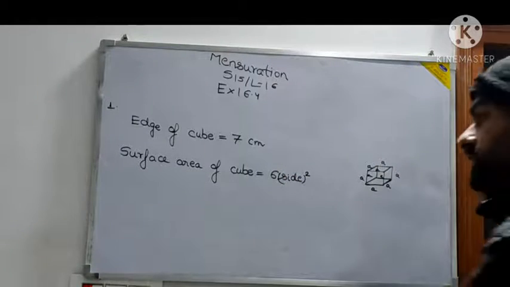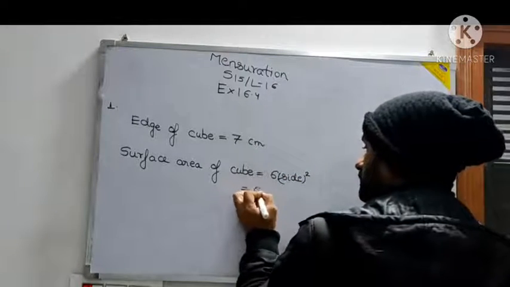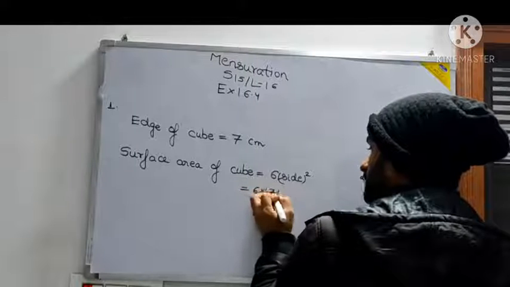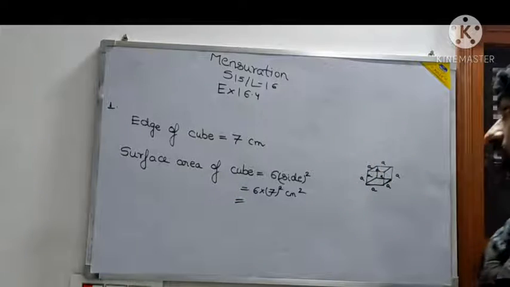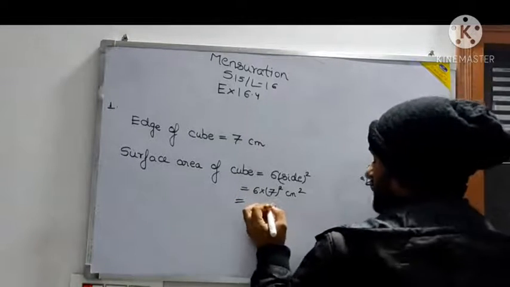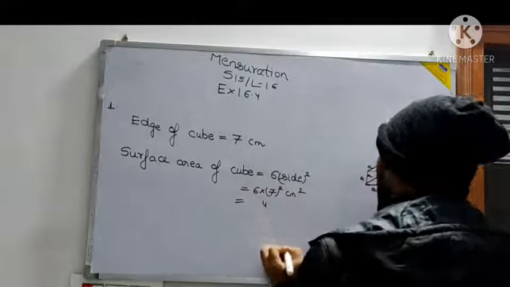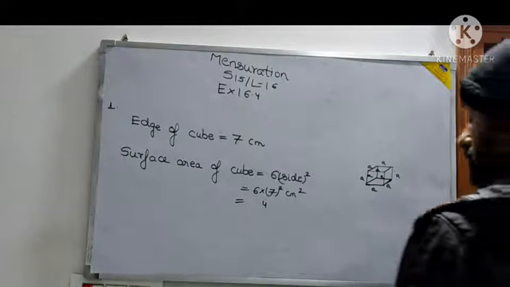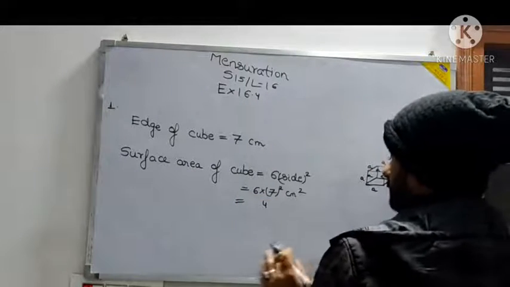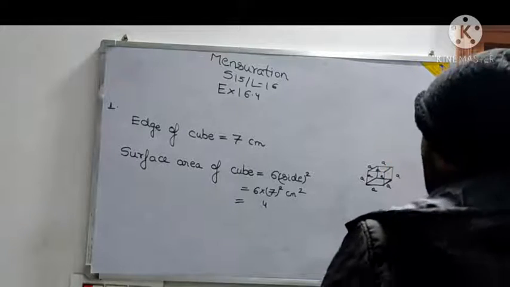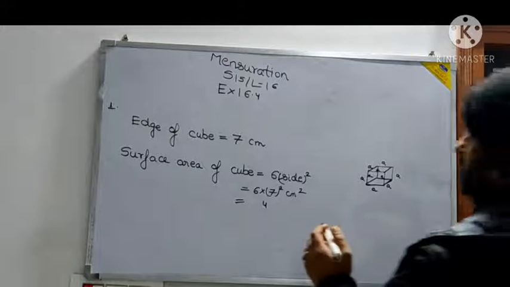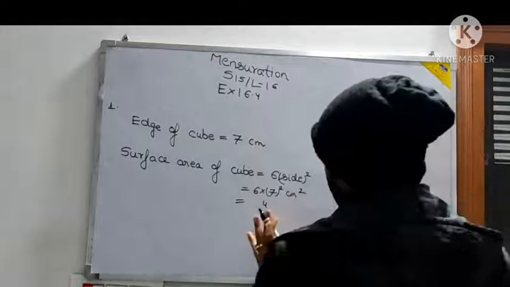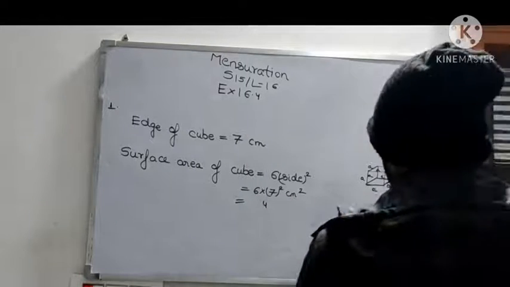Okay, so surface area will be what? 6 into 7 square centimeter square. 7 9s are 63, 7 7s are 49, so 6 into 49. 6 9s are 54, 5 carry, and 6 4s are 24 and 5 is 29.